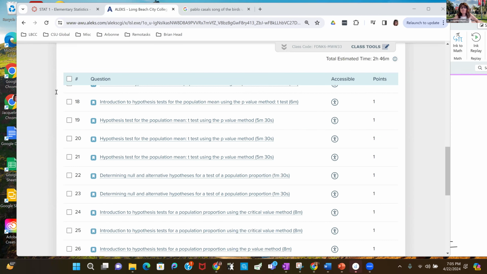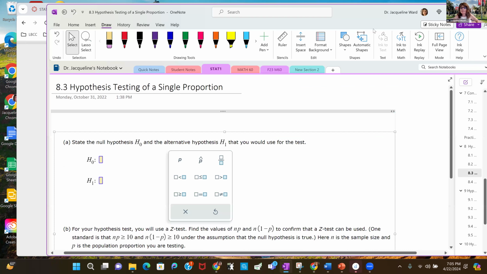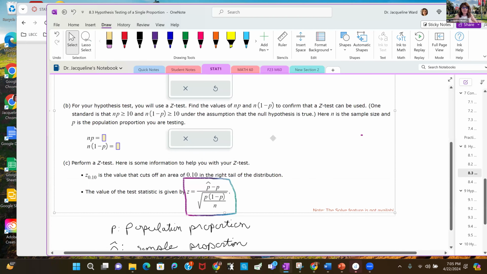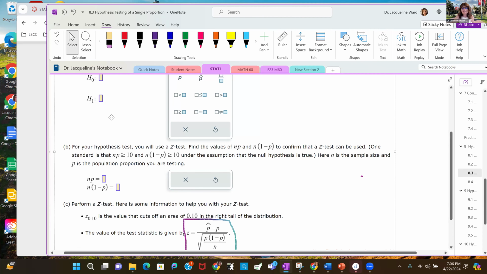So next up in 8.3 is hypothesis testing of a single proportion. Okay, much like how we saw constructing a confidence interval for a proportion, we're going to be doing the same exact idea.